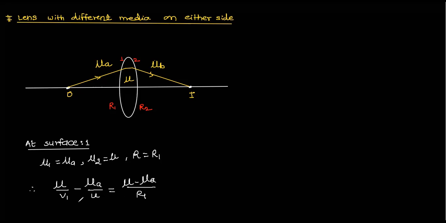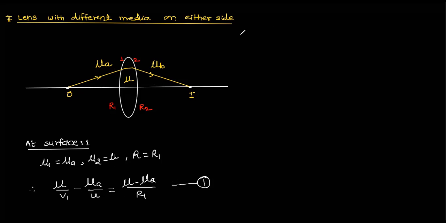This v1 is not there in the diagram, but v1 is the image formed because of the first surface, that you have to understand. So call this equation number 1.